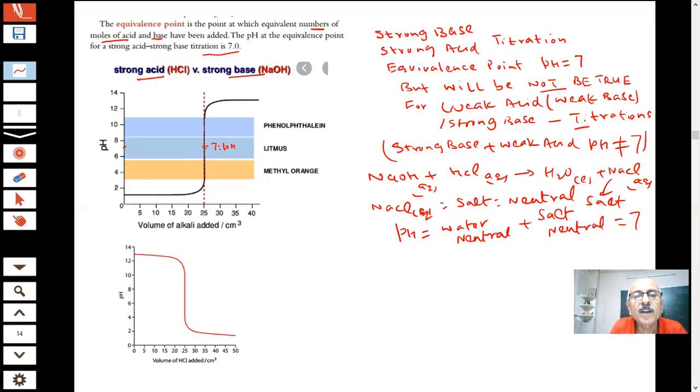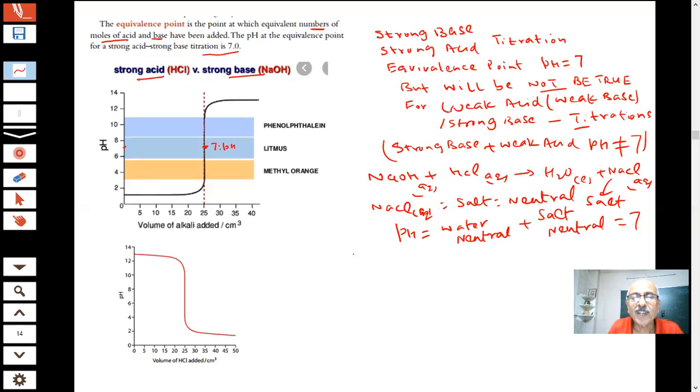At this point, you have equivalent moles of acid and base, and the salt is neutral, water is neutral, therefore pH is 7. It will not be true if the acid is weak and base is strong, or the base is weak and acid is strong, then this value will not be 7.